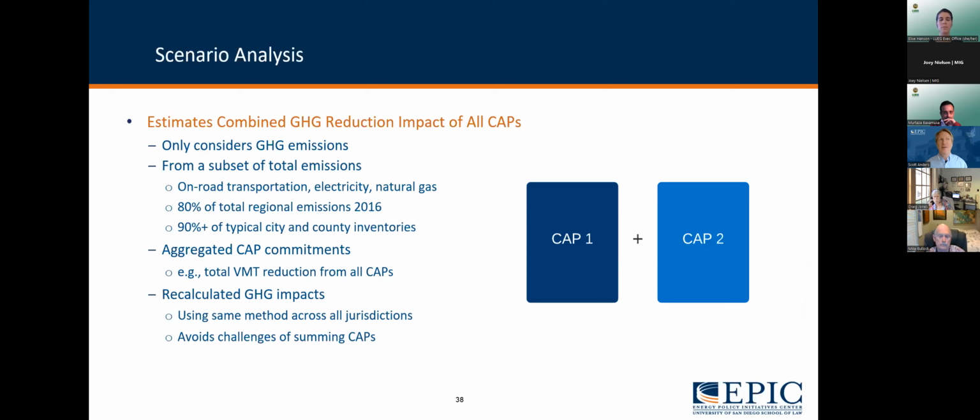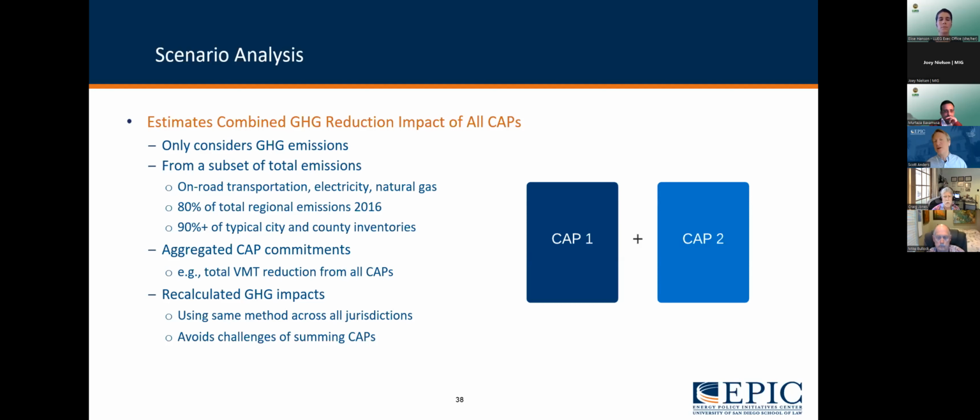The first part of this, the technical analysis in any case, focused on on-road transportation, electricity, and natural gas, basically buildings, transportation, and electric supply. So our study did the same, and I think there's an opportunity to expand that out. But for the purposes of tonight, we're going to stick to that subset of emissions. So again, when we look at the subsequent slides here, this is not all emissions, but it's most.